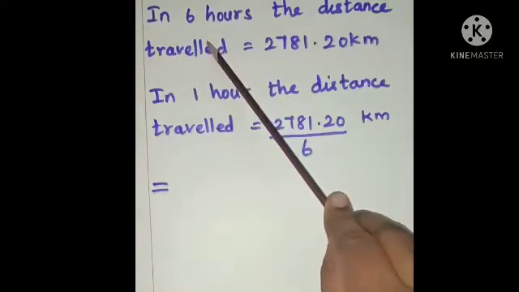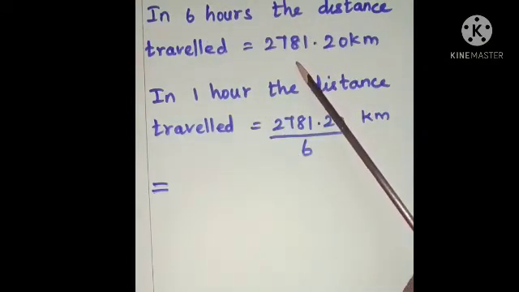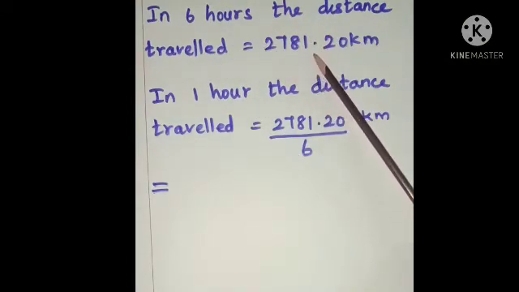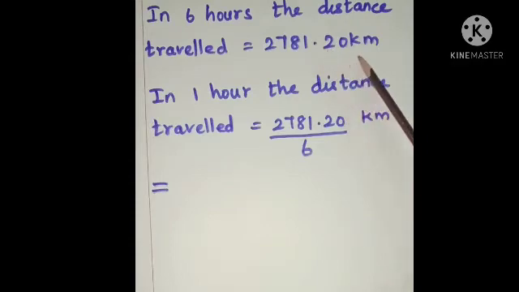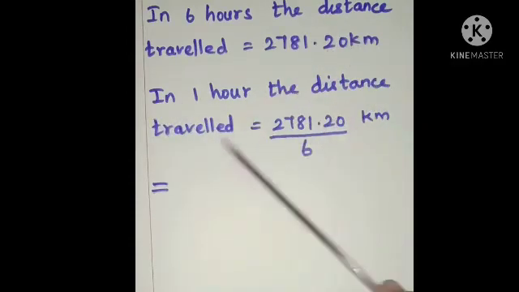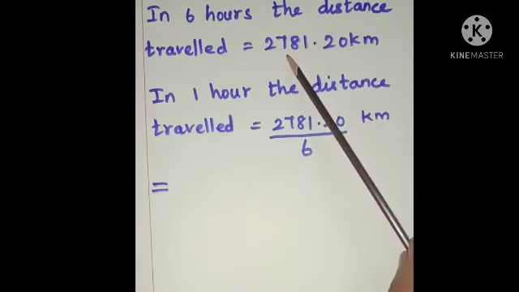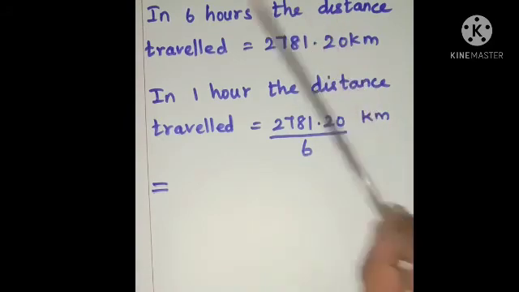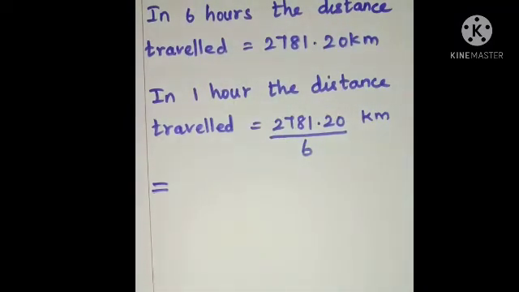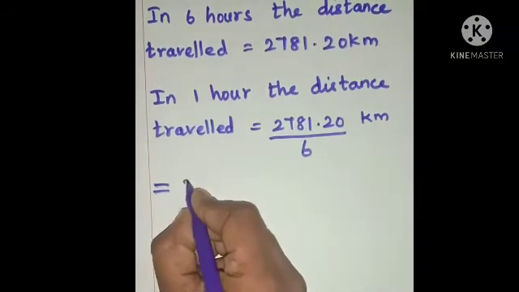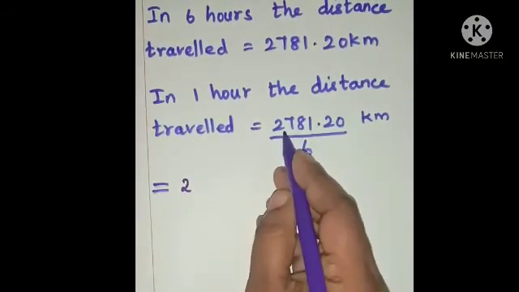Yes. For 6 hours, the distance travelled is given as 2,781.20 kilometers, which means that in 1 hour, the distance travelled is, we have to divide 2,781.20 by 6.